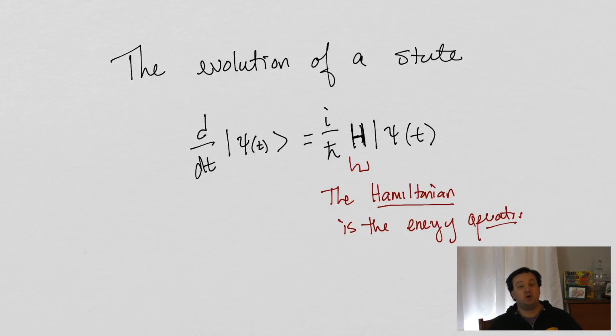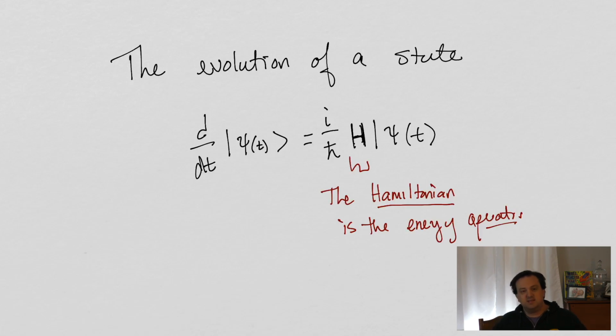So the Hamiltonian is a fancy word for the energy operator, and to be more technical, the Hamiltonian is the operator that asks, hey, what's your energy? And then the energies are the possible measurements of the Hamiltonian. They're the eigenvalues of the Hamiltonian, and they correspond to each of the eigenstates or eigenvectors of the Hamiltonian.